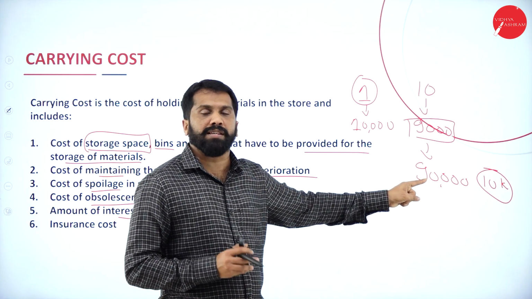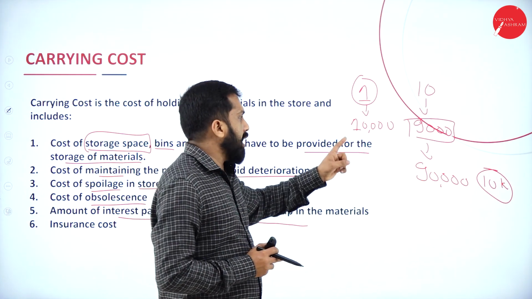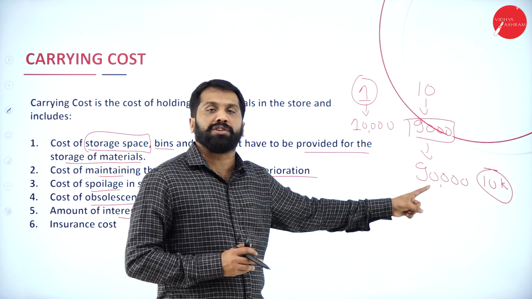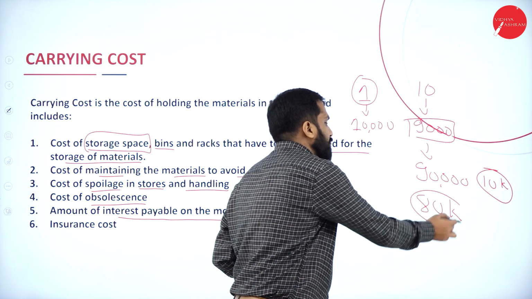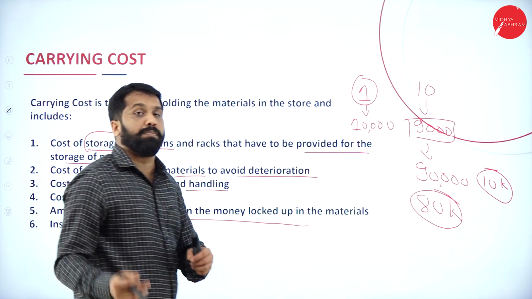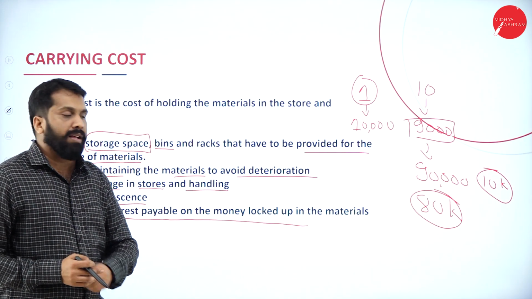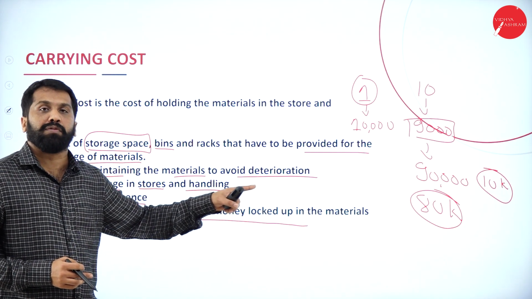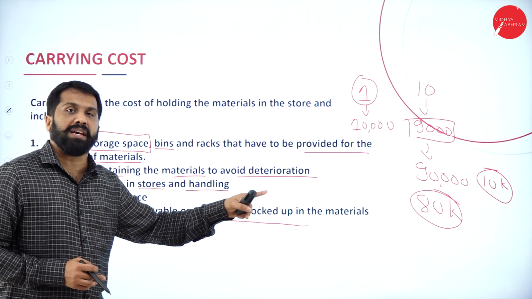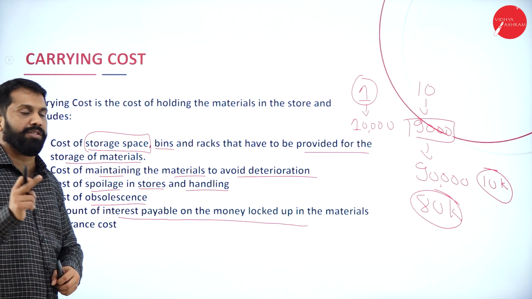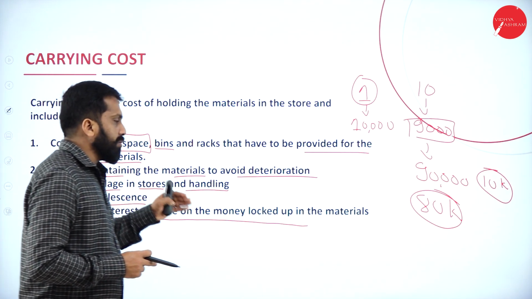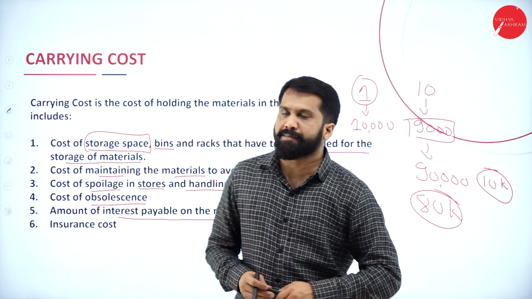But if you go for this, how much money do you have? You have only 10,000. Another 80,000 you need. You will borrow it from an outsider, and you are supposed to pay interest for that. That interest is also part of your carrying cost. Hope you understood. Carrying cost includes all these.